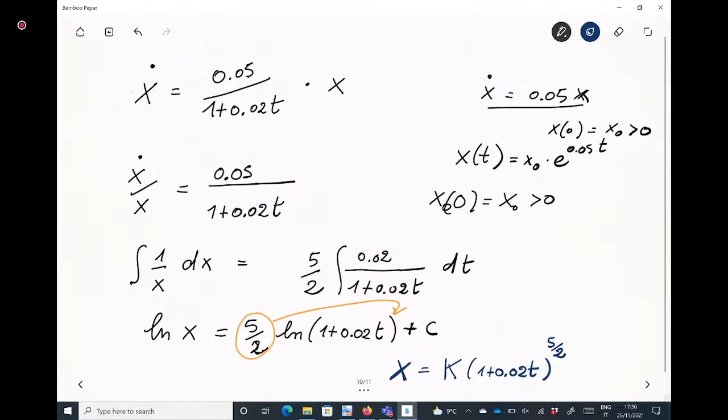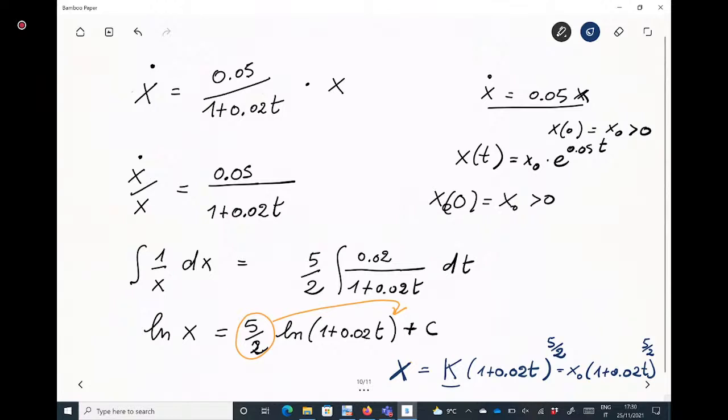If I want x at time 0 to be equal to x0, at time 0 this term is 0, so this becomes 1. So k is exactly x0. Clear? This is the solution to this separable differential equation.